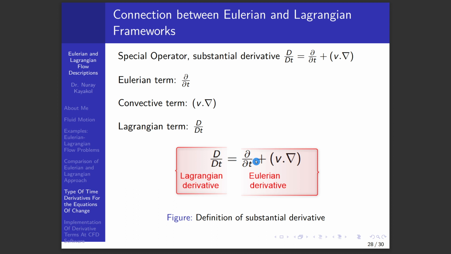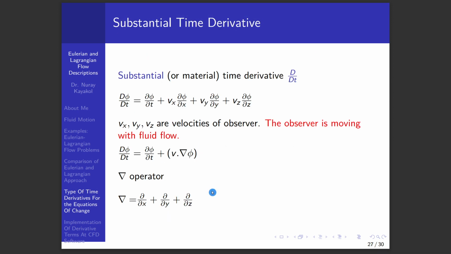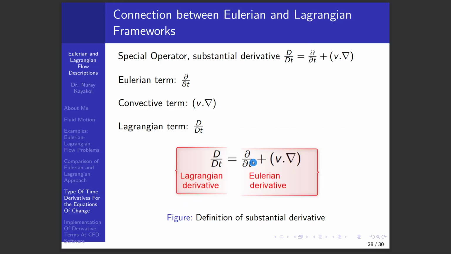Let's see the substantial derivative in detail. Usually D over Dt is defined as the Lagrangian derivative. Why is that? Because if we go back to this equation, the observer is moving with the fluid flow, that's why we call it Lagrangian.